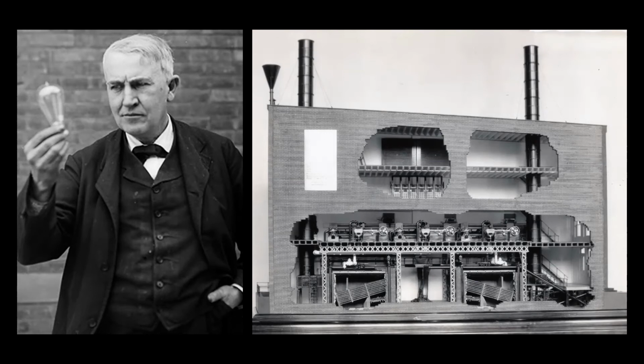There's this 1920s model of the Pearl Street generating plant, which burned down a few years after it was constructed. This particular model was made in the 1920s from memory, and it is now preserved at the Smithsonian. So you can actually go see it. I think it's still on exhibition in the American History Museum.